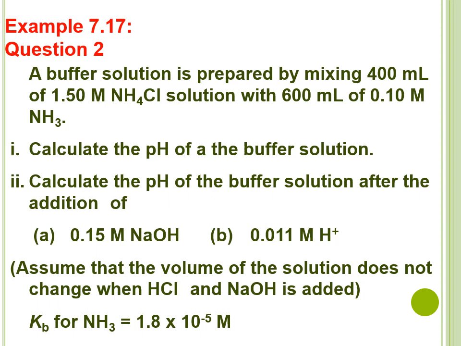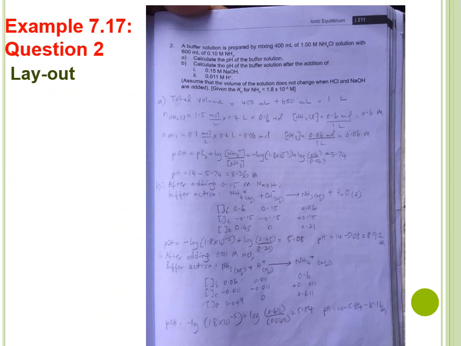Maybe that comes from HCl. Assume that the volume of the solution does not change when HCl and NaOH are added. Kb for ammonia is 1.8 times 10 to the power of negative 5. This is the layout. Please use very small handwriting for page 211, everybody.